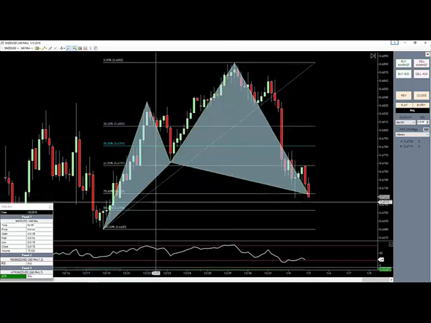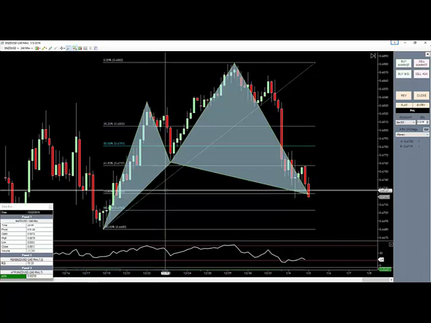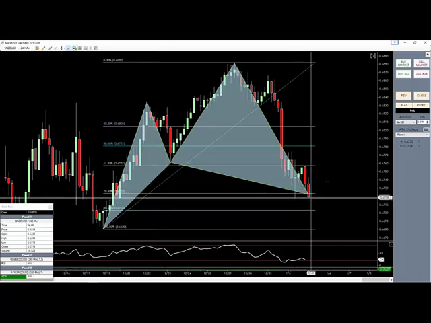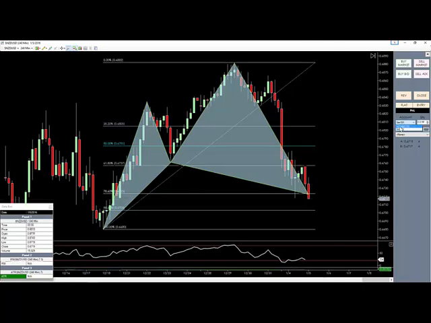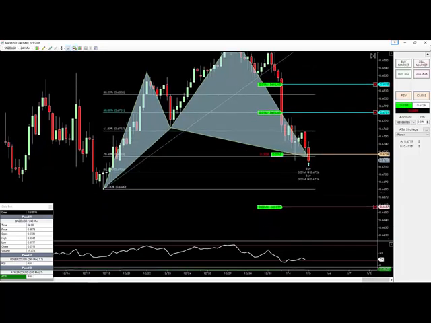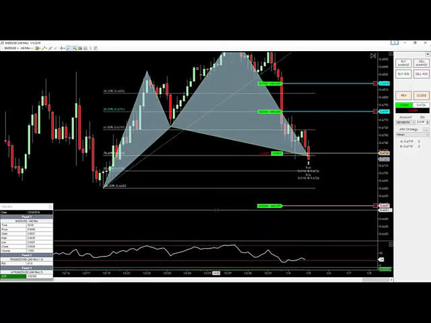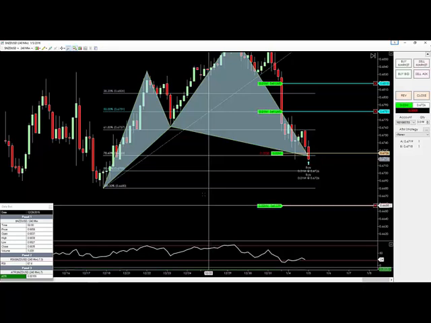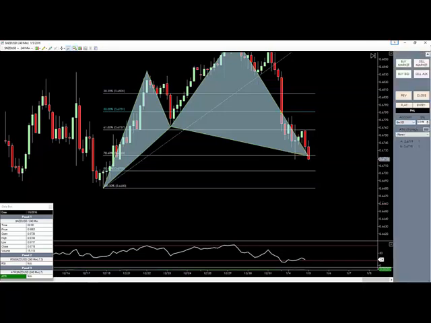All right, so this is actually an at-market Cipher if you want to take advantage of that one. Stops are going to be around the 657.